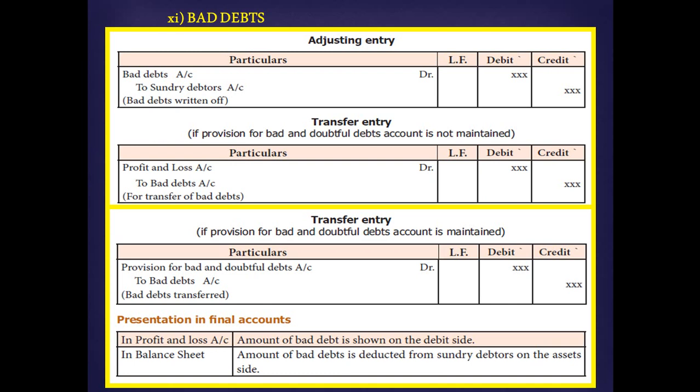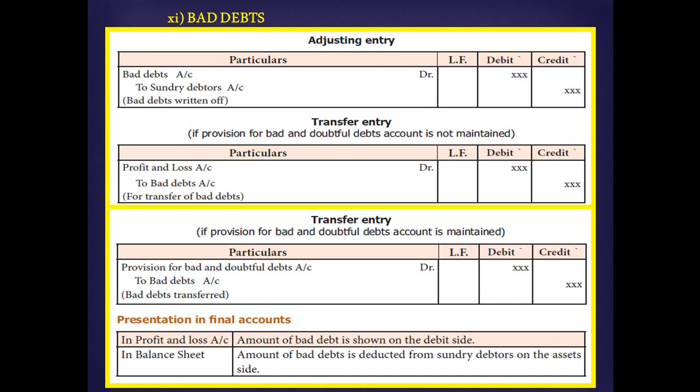Or the bad debts amount is closed by transfer to the debit of provision for bad and doubtful debts. Then the entry will be provision for bad and doubtful debts account debit to bad debts.